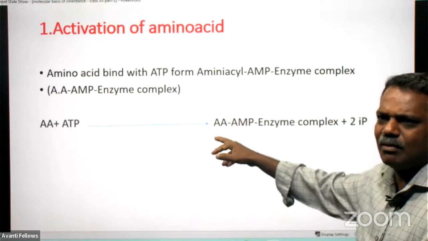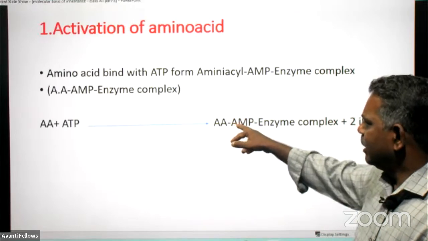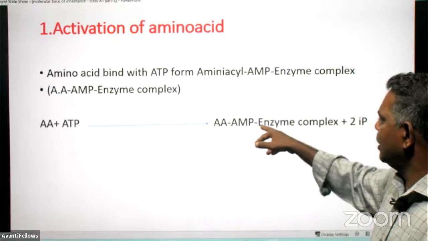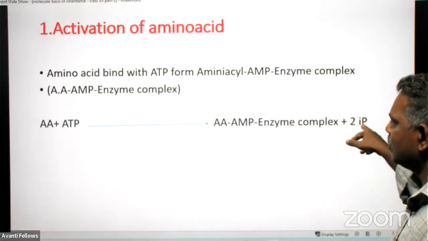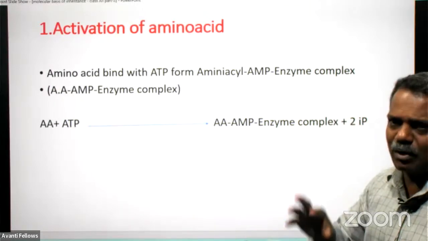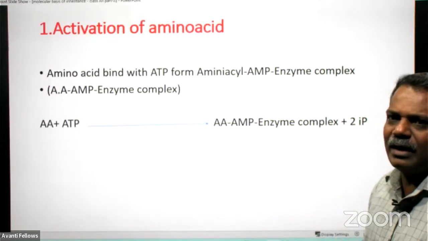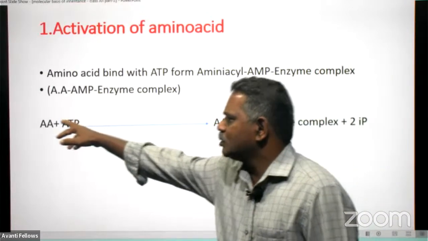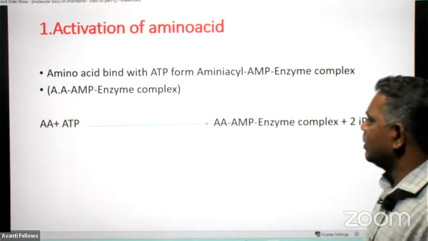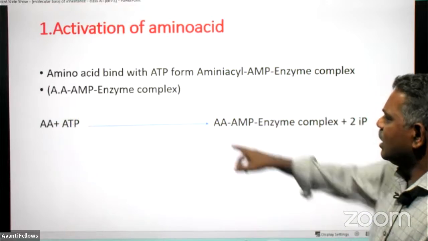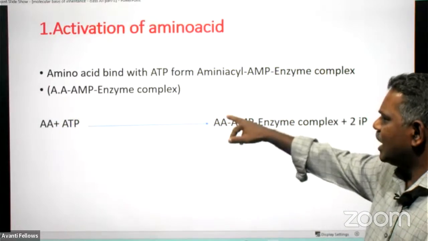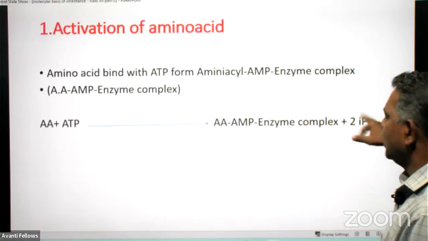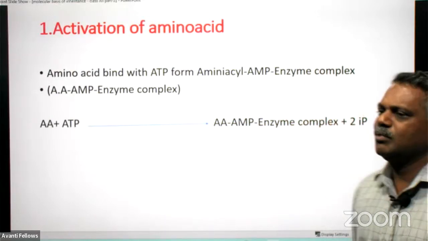Amino acyl is amino acid bound with AMP. ATP will be converted into AMP and release 2 phosphate molecules. AMP means the monophosphate only, and ATP is the triphosphate. So the amino acid binds with the ATP molecule with the help of the enzyme and produces a complex, amino acyl AMP enzyme complex, and 2 phosphate molecules.